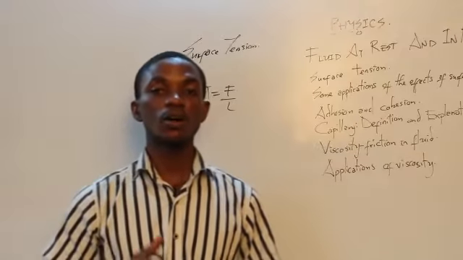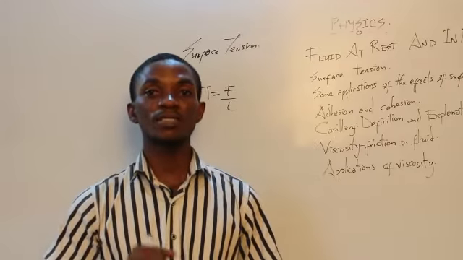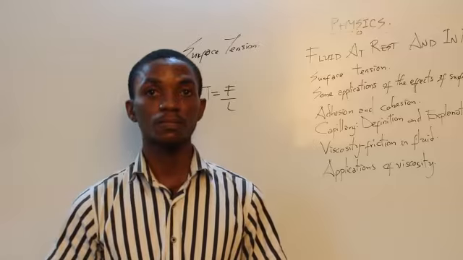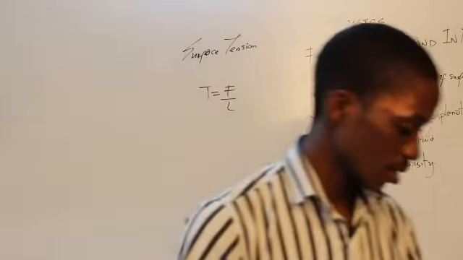Of course, the knowledge of surface tension is also used in the designing and development of chemicals which are used in detergent making. Those are the two applications that are here.